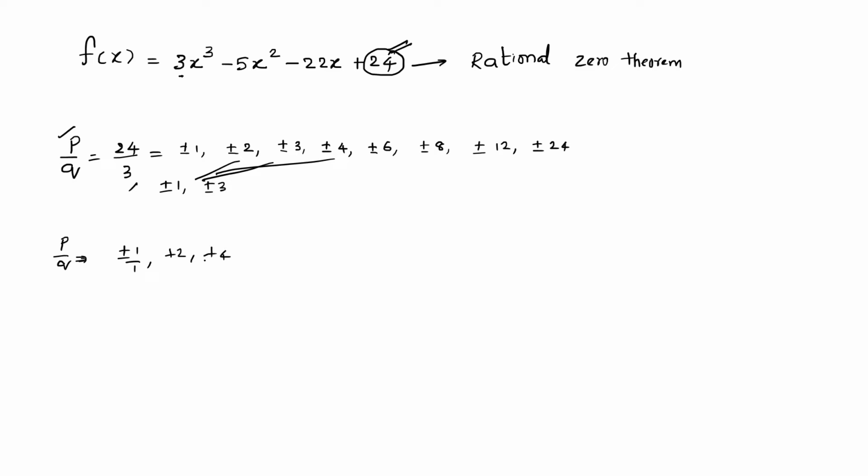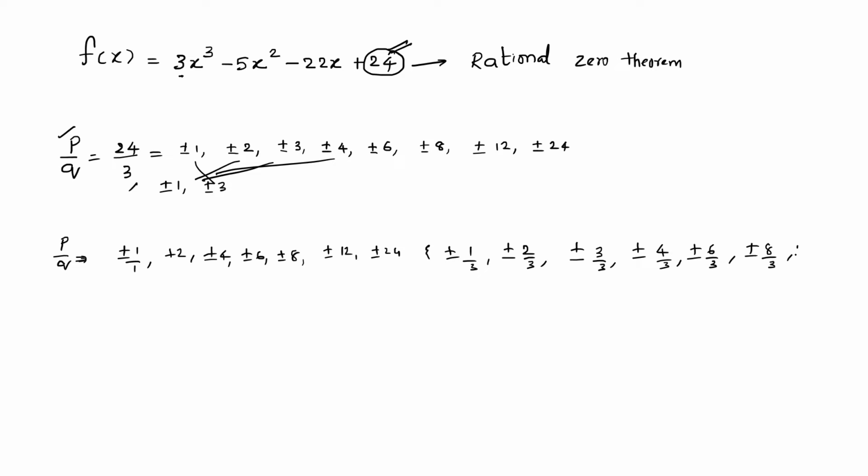That means all will come: plus or minus 6, plus or minus 8, plus or minus 12, plus or minus 24, and plus or minus 1 by 3, 2 by 3, 3 by 3, 4 by 3, 6 by 3, 8 by 3, 12 by 3, and 24 by 3. So these are the possible solutions which we can directly substitute and check whether they are actual roots or not.